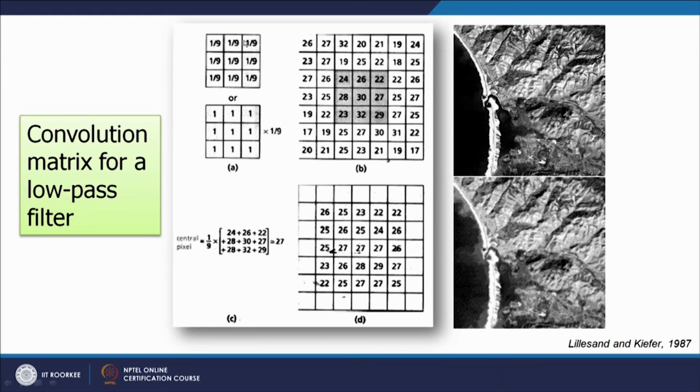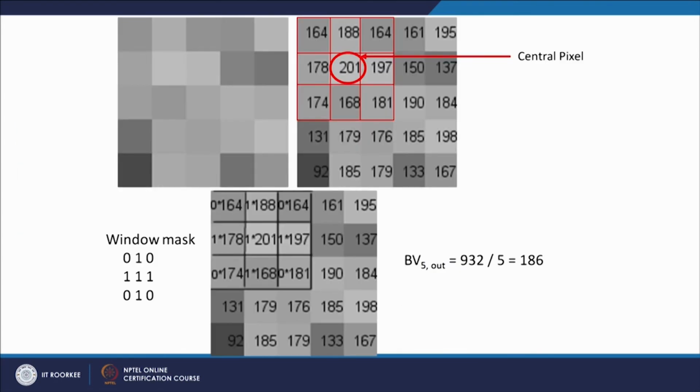Either 1 by 9 you can change, or 1 by 1 you can assign the weight. The result is the same, because here we multiply by 1/9, and we end up with this image. So you can compare what happens to the pixel values. They become very close to each other, and therefore the local variations are reduced and de-emphasized, and the regional variations are emphasized.